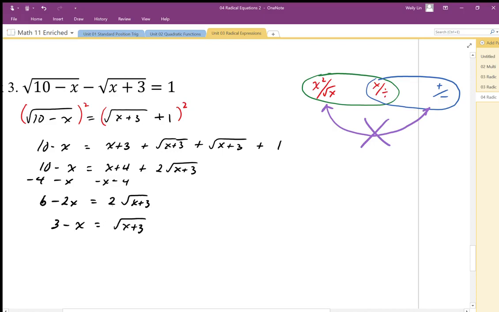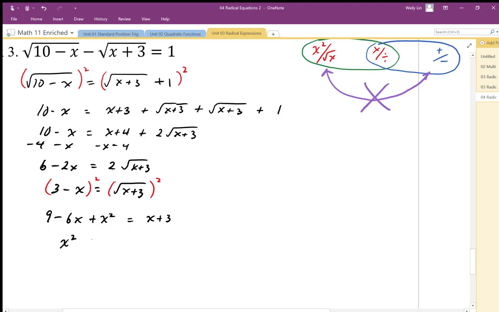And then I get rid of this square root. Okay, so I've had to get rid of 2 square roots. Then I'm going to FOIL this out. First, outside, inside, last gives me negative 3x, negative 3x, so that makes negative 6x. On this side now, we just have x plus 3.